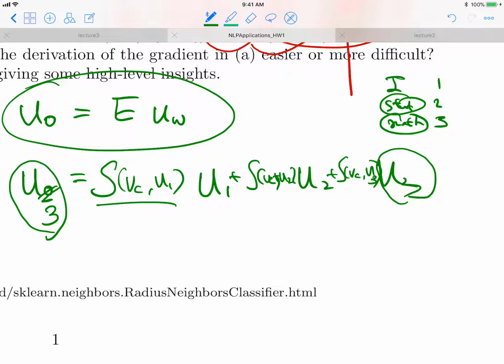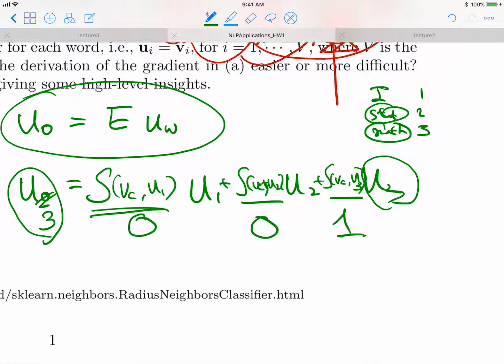So how can we satisfy this equation in terms of these? So the similarity should be 0, 0, and 1, right? This is one of the simplest forms that we can satisfy this. And what does that mean?